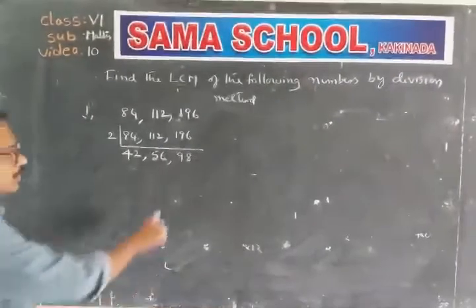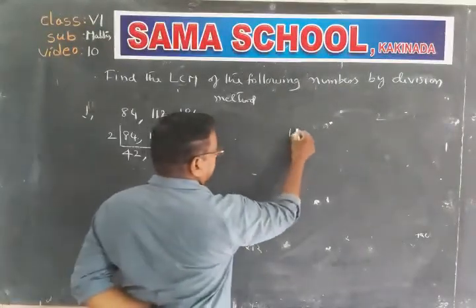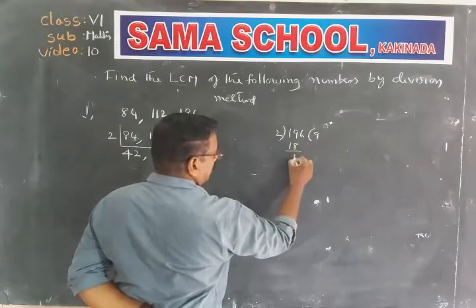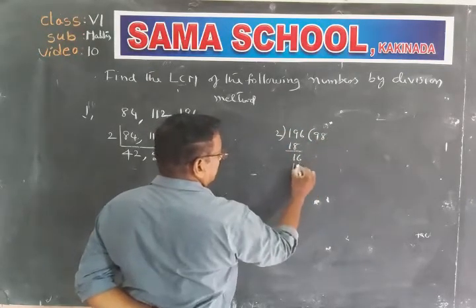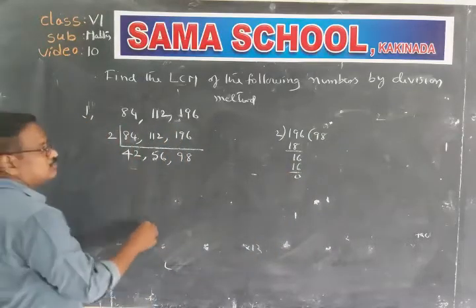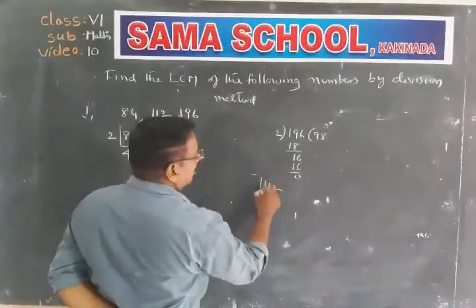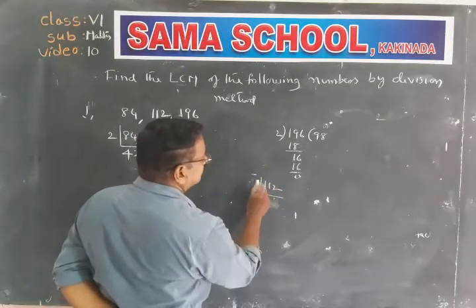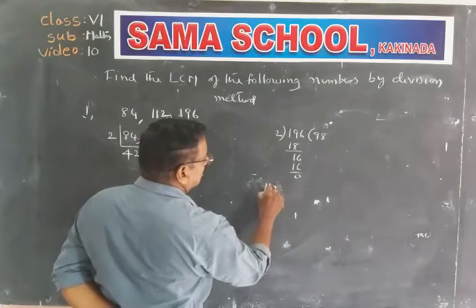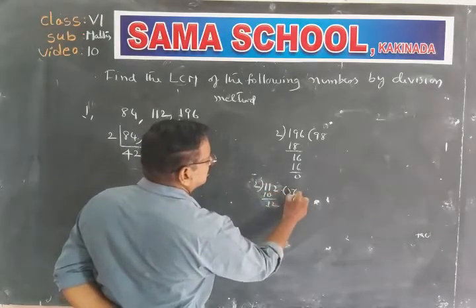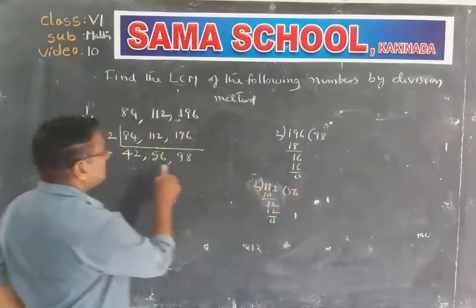How many times does it divide? 196 divided by 2 is 98. 112 divided by 2 is 56.